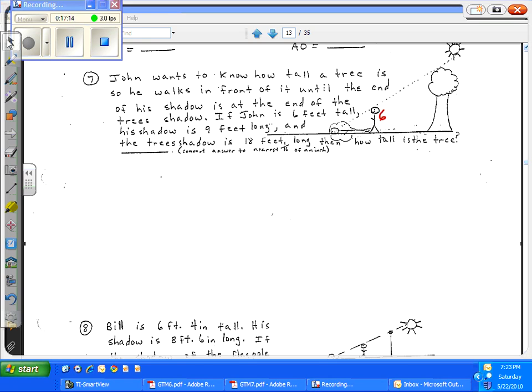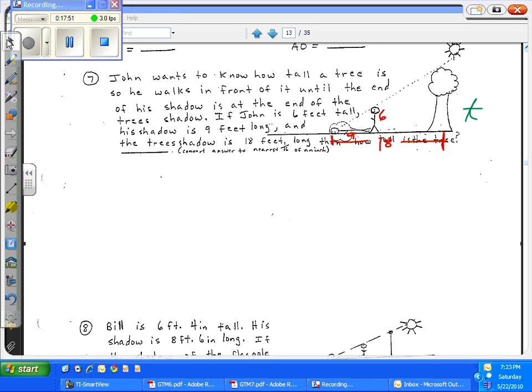John is 6 feet tall. His shadow is 9 feet. The shadow of the tree is 18 feet. Then we want to know how tall is the tree. So we can put John over John's shadow equal tree over tree shadow, or any other way of proportional work. We could put John over tree equal John's shadow over tree shadow.